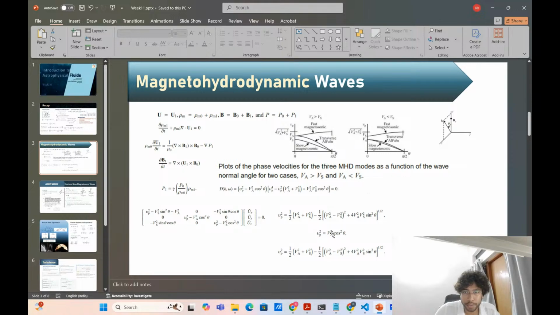Vp square equals Va square cos square theta. Now this is basically an eigenvector equation. This is a matrix equation, and this can be reduced to something like that. So when Vp square is Va square cos square theta, you see this term vanishes, whereas the rest of the terms survive.